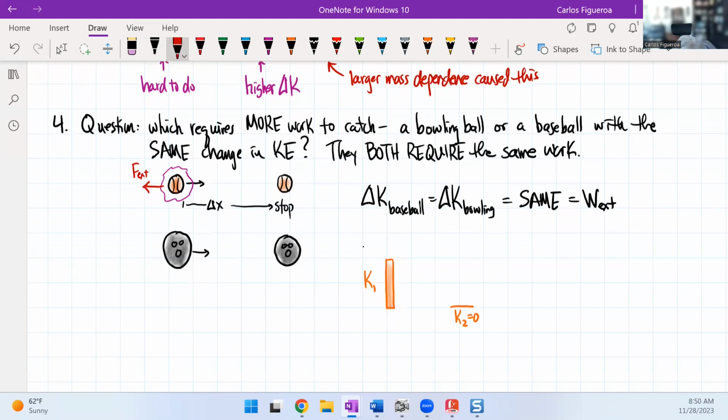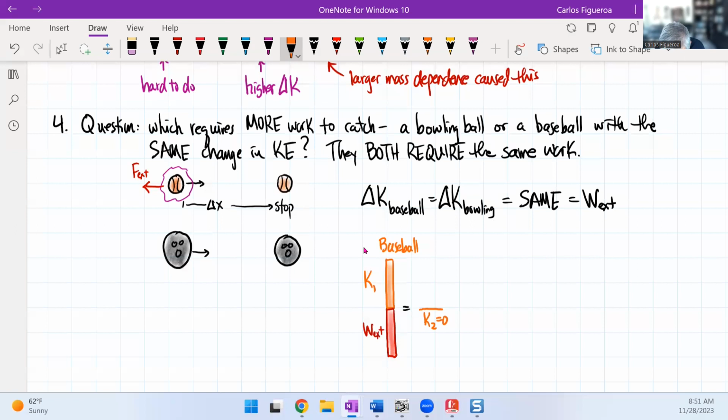So in this situation, the external work must be exactly the same as the K1 value. So this would be for the baseball.